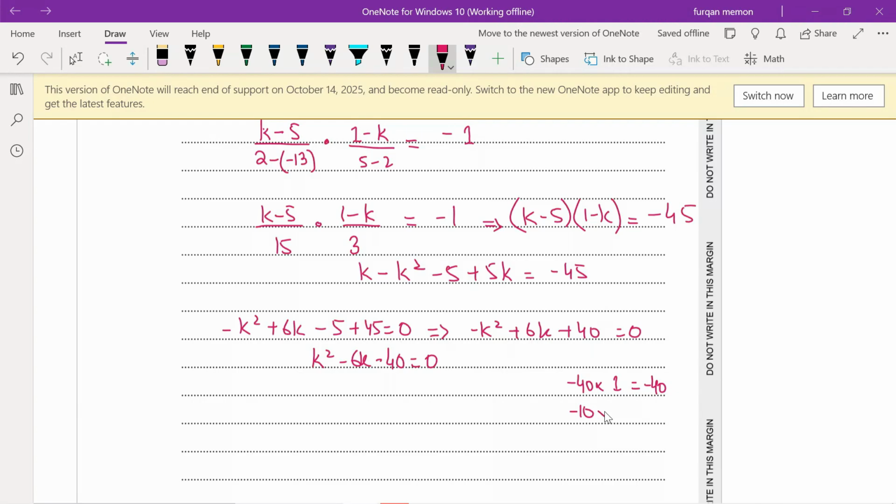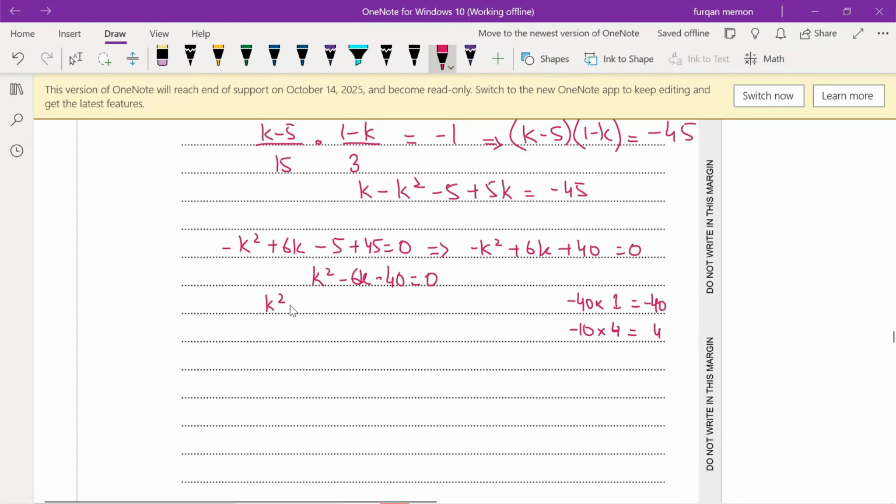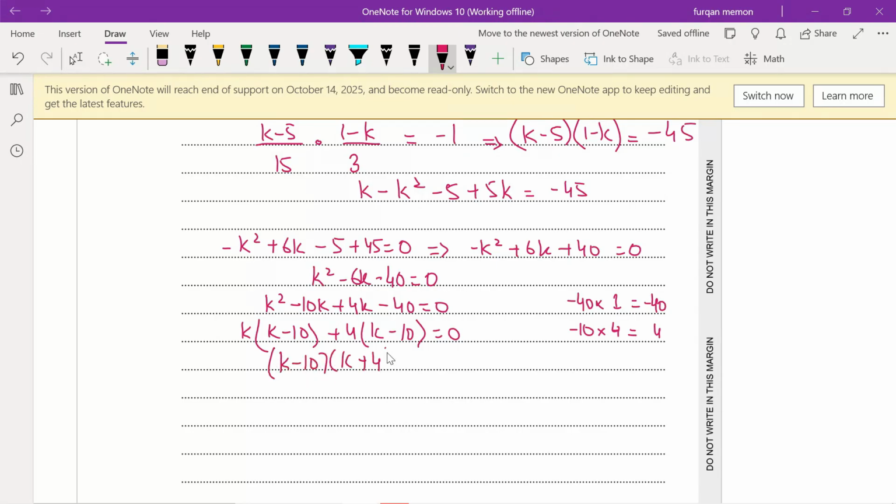Negative 10 times 4 is negative 40, and when we add negative 10 and 4, we get negative 6. So k squared minus 10k plus 4k minus 40 equals 0. Taking common factors, k(k minus 10) plus 4(k minus 10) equals 0. Taking k minus 10 common from these two terms, we have (k minus 10)(k plus 4) equals 0.